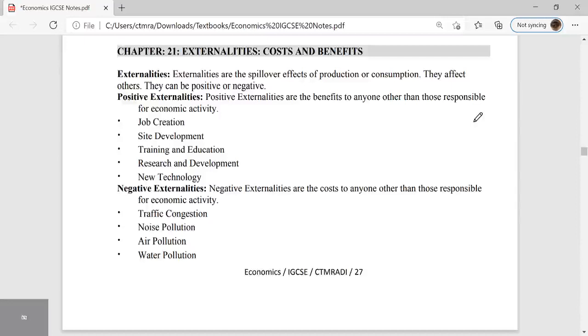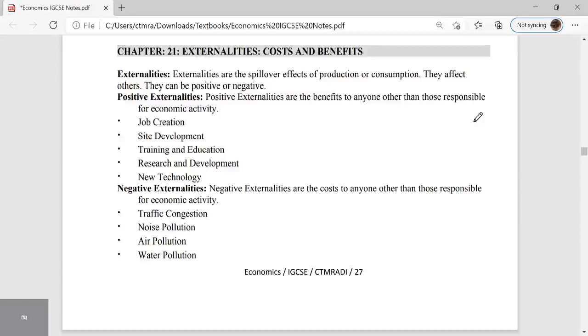Then you're providing a job to your driver, or other people are earning, maybe your garage, because of your consumption of the car. These are again examples of positive externalities, like job creation, site development, training and education, research and development, new technology.